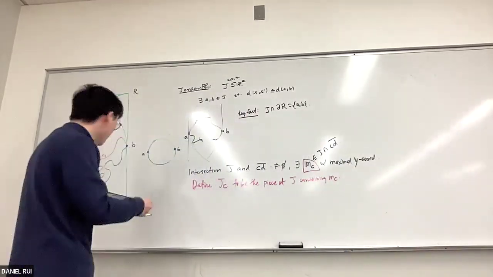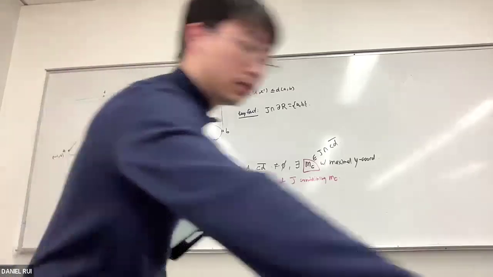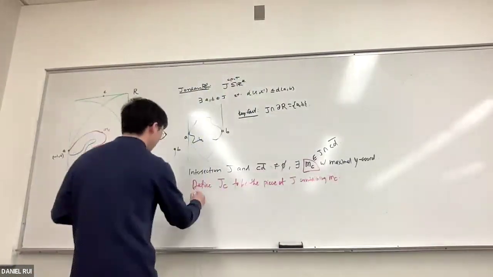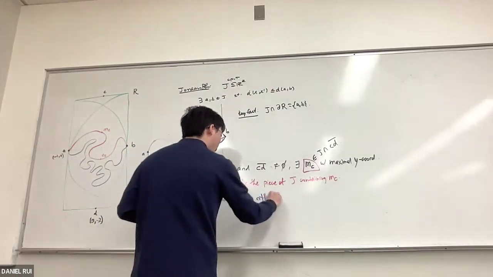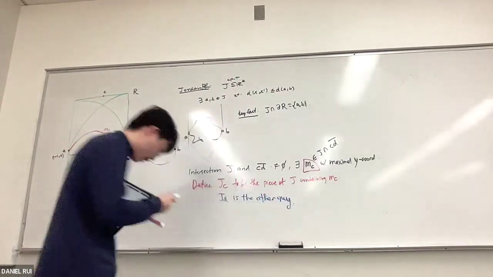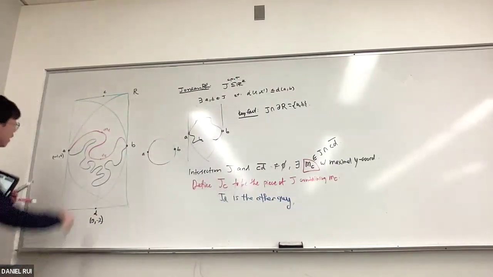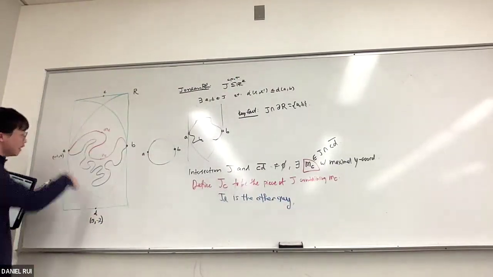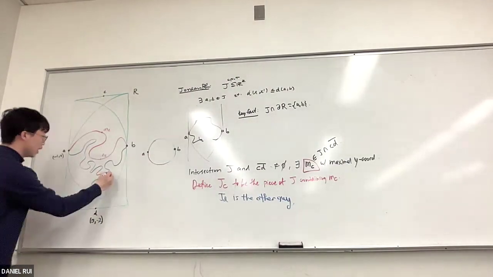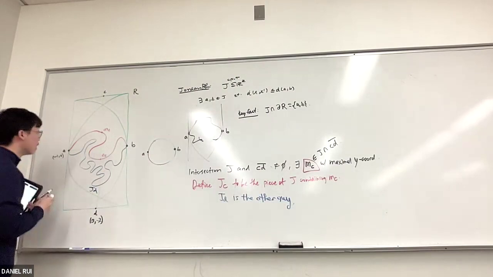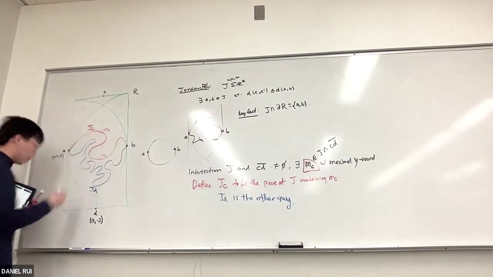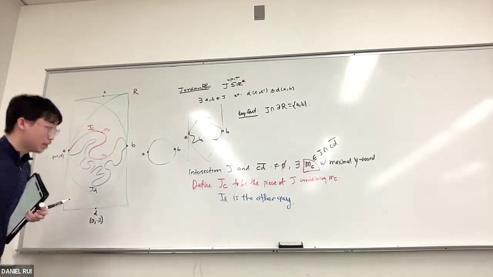And then J_D will be the other arc. So J_D is the other guy. And so that's in the picture I have here. In red, I have J_C. In blue, I have J_D. Maybe I'll just label it J_D, J_C. I have J_C and J_D.